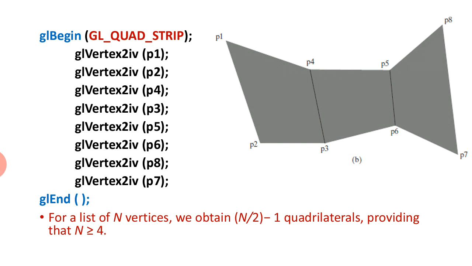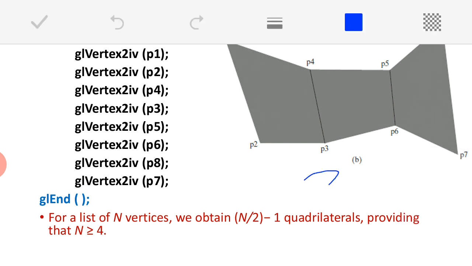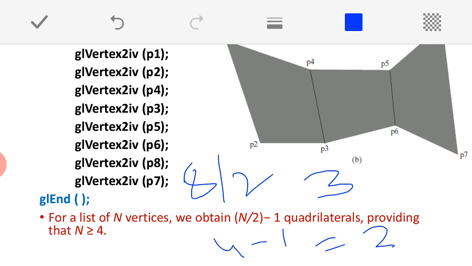Once again, for any n number of vertices given, here we have taken 8, we get n divided by 2, minus 1. So 8 divided by 2 is 4, and 4 minus 1 is 3. So we get 3 quadrilaterals.